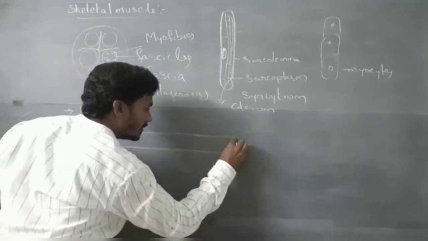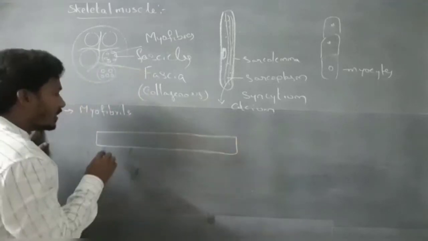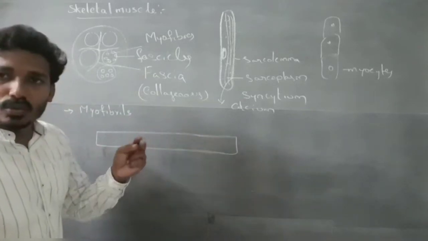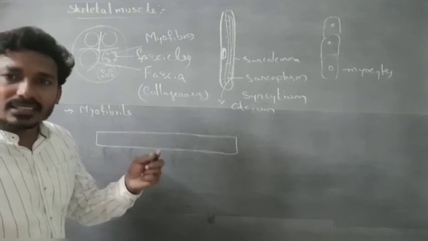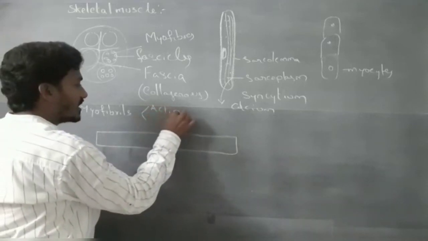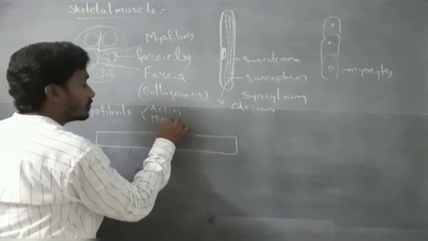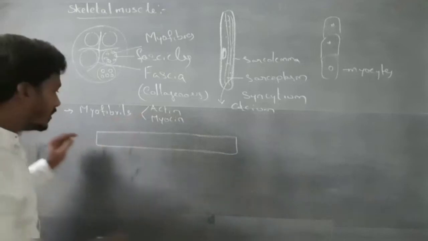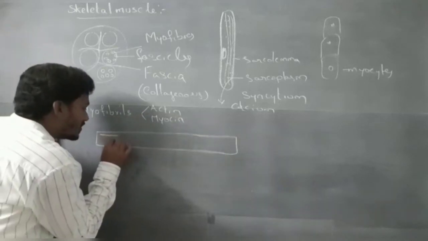This is a myofibril. Myofibrils contain two types of proteins, actin and myosin. These actin and myosin are alternately arranged.